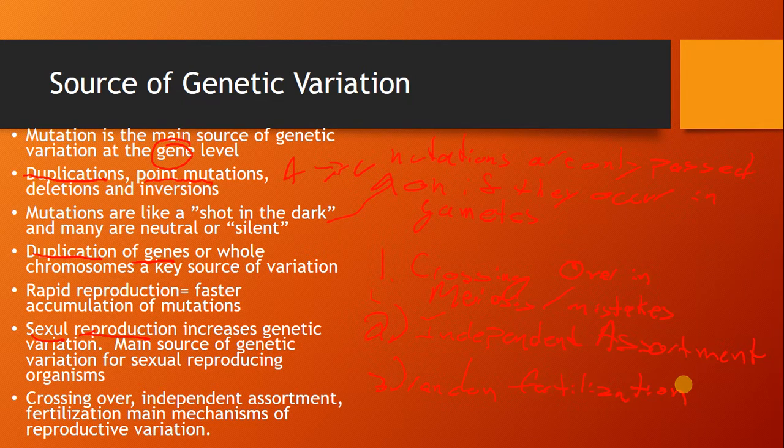But crossing over, independent assortment, and fertilization are the main mechanisms by which reproduction increases genetic variation. All right? So without mutations and sexual reproduction, variation wouldn't occur naturally and evolution couldn't take place, especially at the population level.